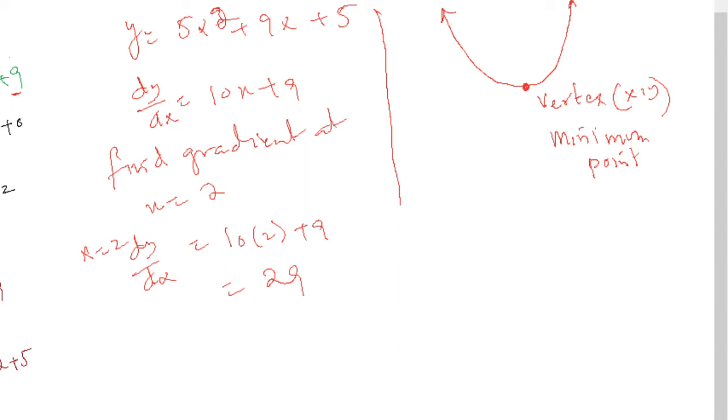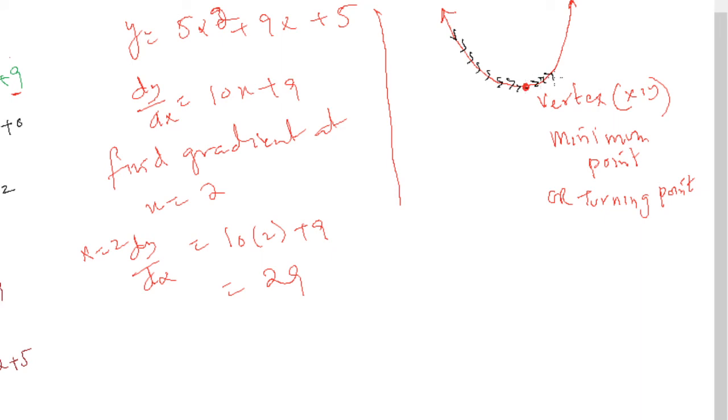Now one more name we can use for this point is turning point. See here, I'm showing it to you. I'm coming from here to here, moving this way, coming down, coming down, and suddenly I move up from here.